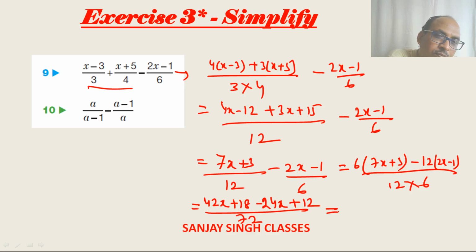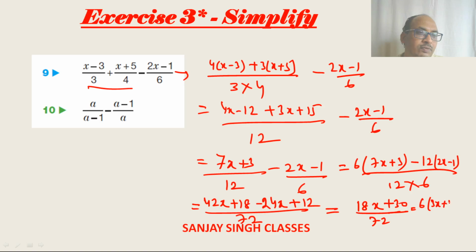So 24 plus 8, 32 and 10, 42. So 18x and plus 18 plus 12, so plus 30 by 72. We can take common as 6. So 6 into 3x plus 5 divided by 72, 6 twelves. So the answer will become 3x plus 5 divided by 12.